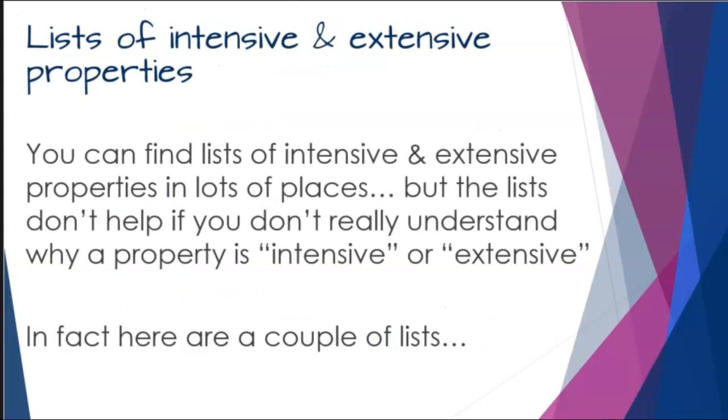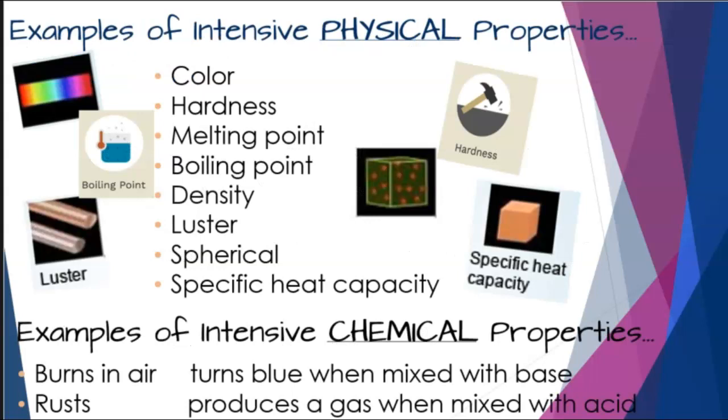All right, so if you go online, you're going to find lots of little lists that have intensive and extensive properties, with little pictures and all that great wonderful stuff, but the lists don't help you if you don't really understand why a property is intensive or extensive. In fact, let me just show you these couple of lists.